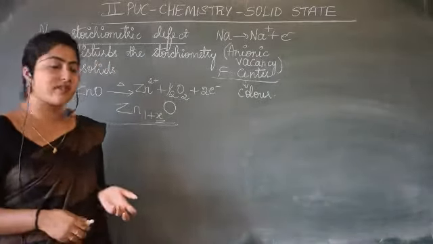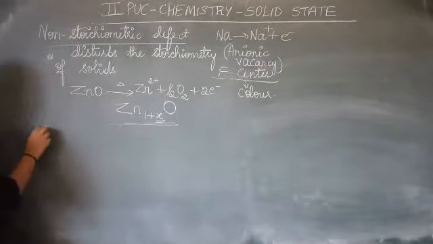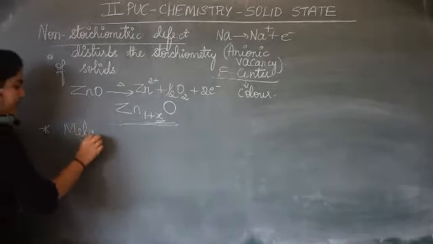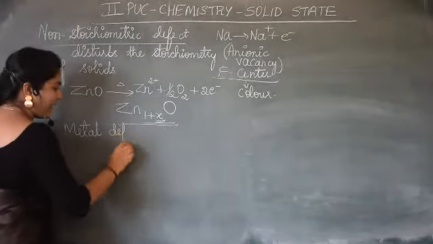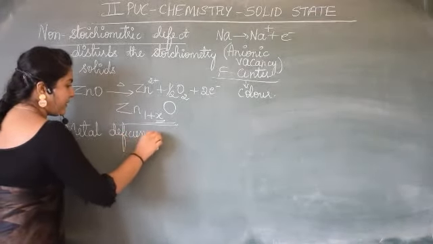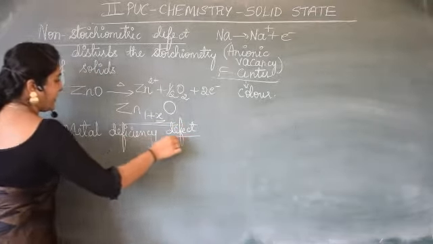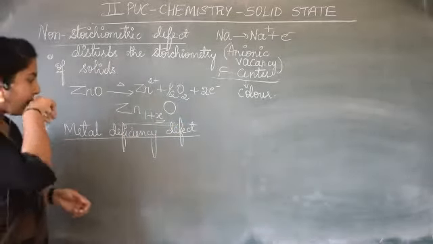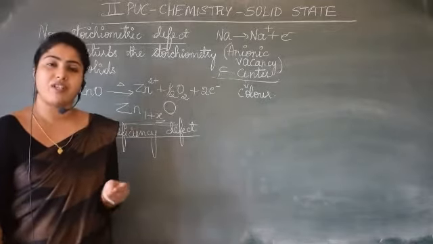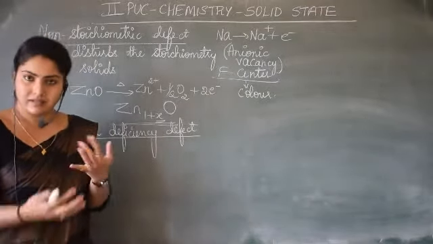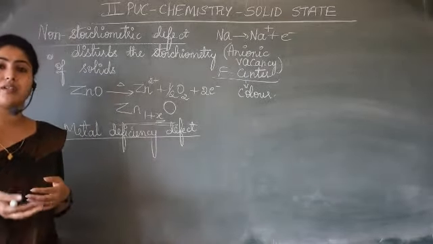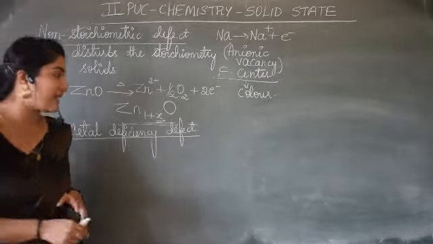Now what we are going to study is one more defect called metal deficiency defect. Deficiency means the metal is less in number compared to the negatively charged species. Hope it's clear.